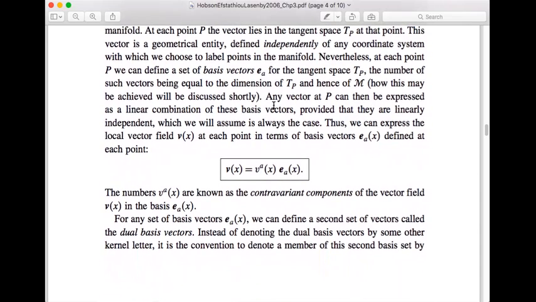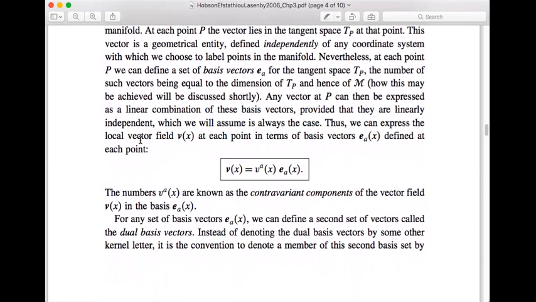Well, in fact, I just explained it to you. Any vector at P can then be expressed as a linear combination of these basis vectors. Well, that's what we mean by basis, right? Provided that they are linearly independent. That's a necessary condition to be a basis, which we will assume always to be the case.